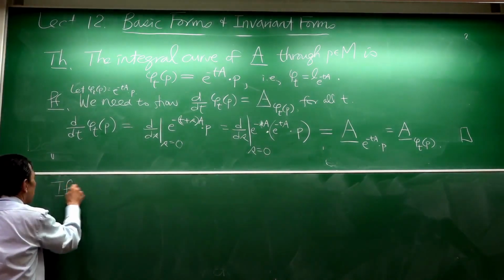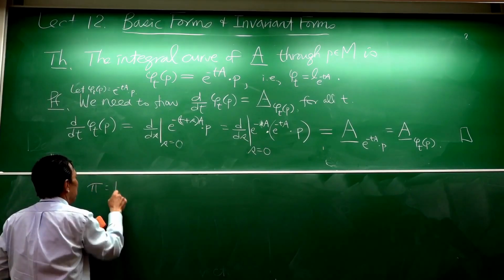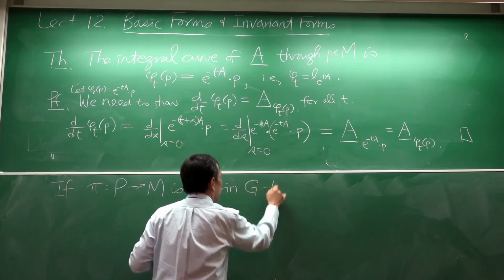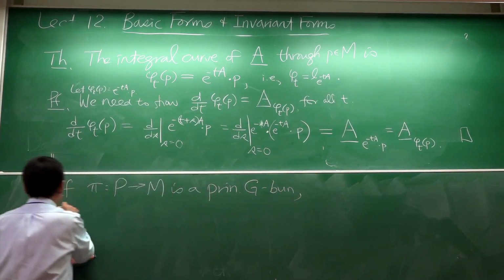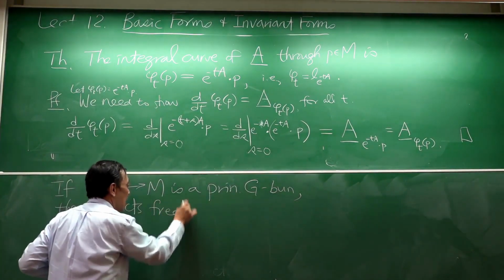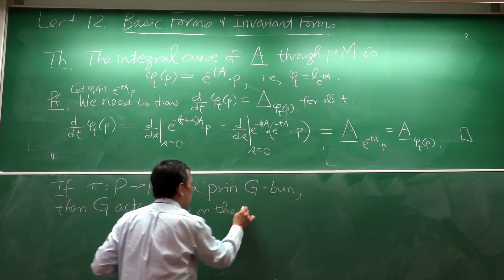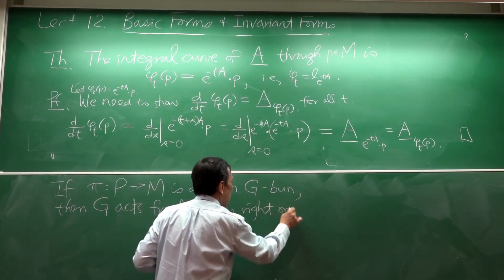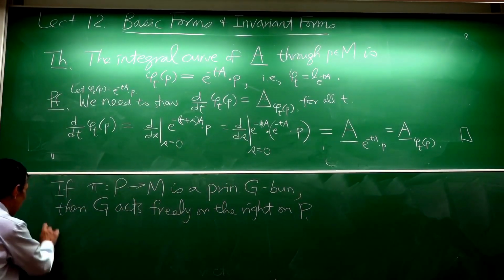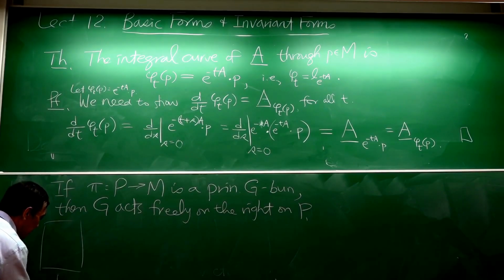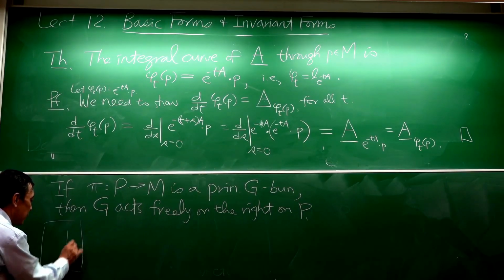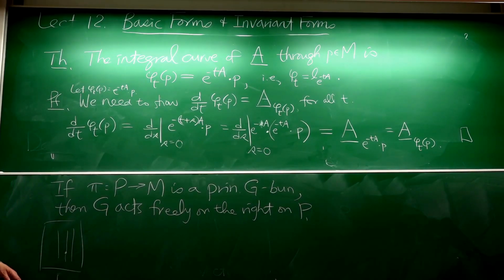So if pi from P to M is a principal G bundle, then G acts freely on the right on P. So the curves will all be along the fiber, see?